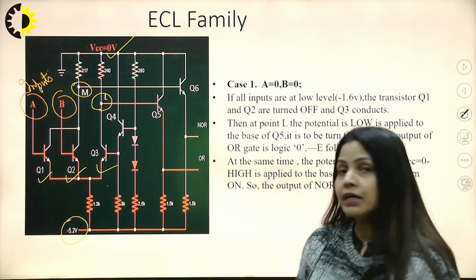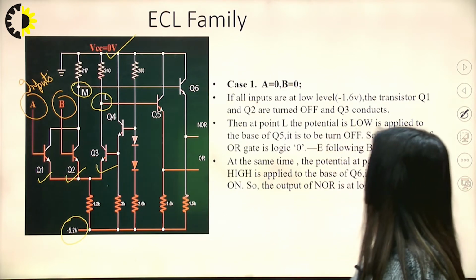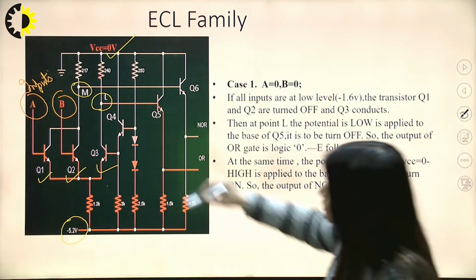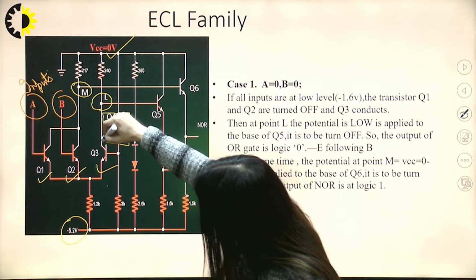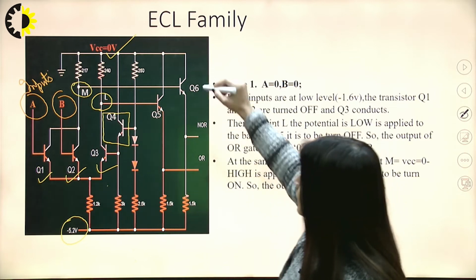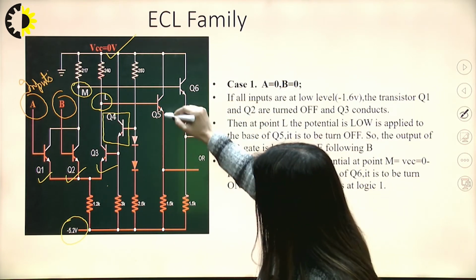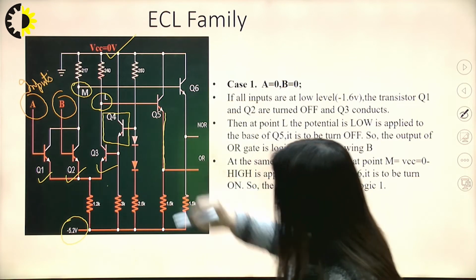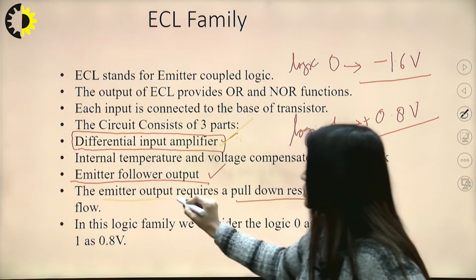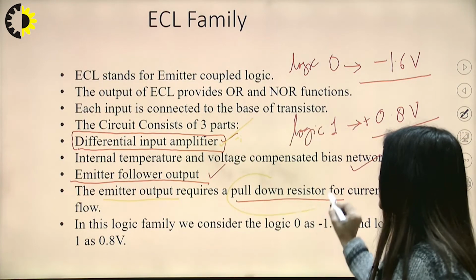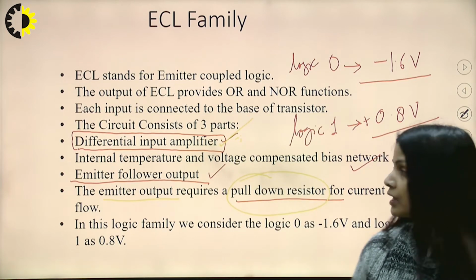So everything will be depending on the Q4 transistor to be on and off, and here from the Q5, since it is an emitter follower, see here, the emitter output requires a pull down resistor as I have mentioned earlier.